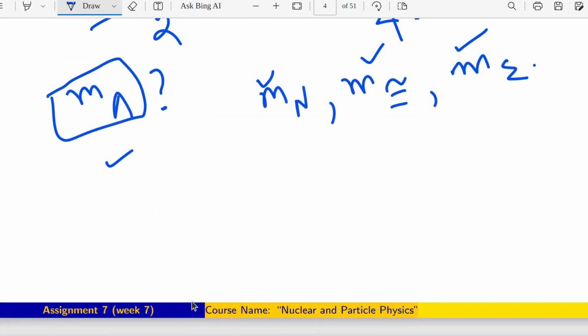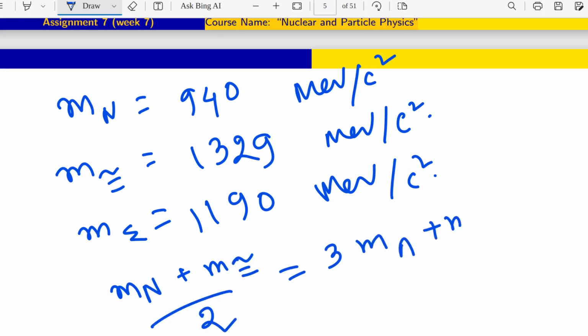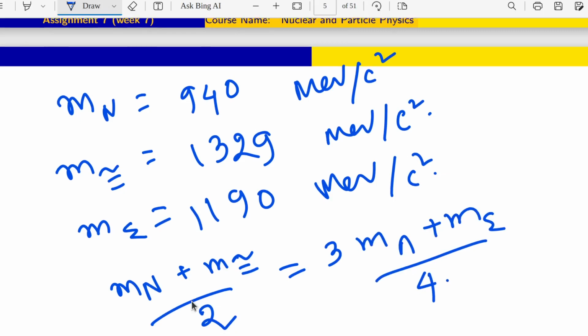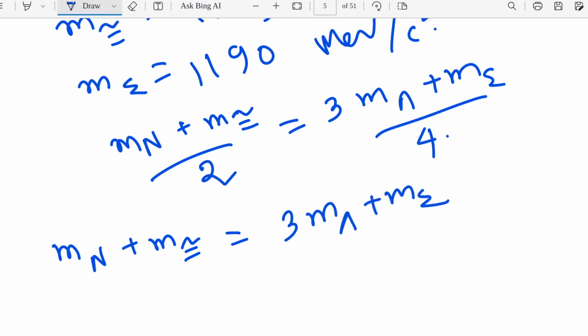Now we will write the expression again: (Mn plus M xi) divided by 2 equals (3 M lambda plus M sigma) divided by 4. Fine. From that expression we can immediately write that 3 M lambda plus M sigma equals 2 into (Mn plus M xi), because the 2 and 2 cancel out and the 2 is multiplied on the whole other side.